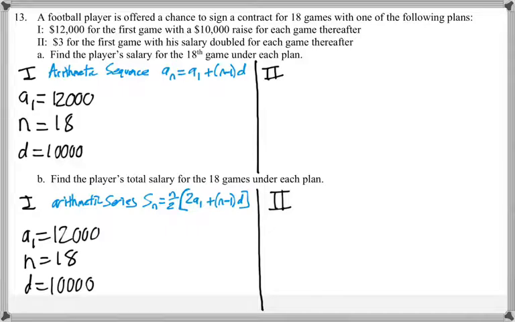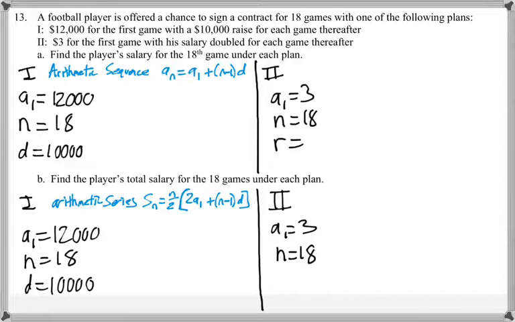With plan number 2, we're starting out with $3, and N is 18, and we're doubling each time. So that's the same thing as multiplying by 2 each time. So R is equal to 2, and these are geometric.